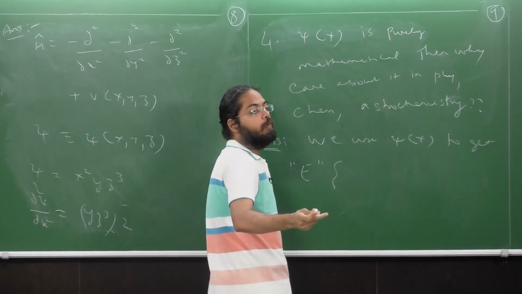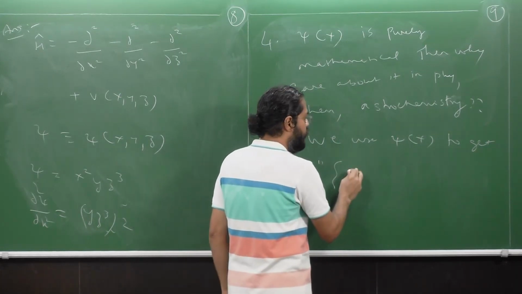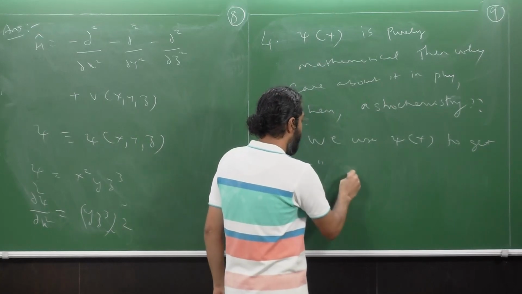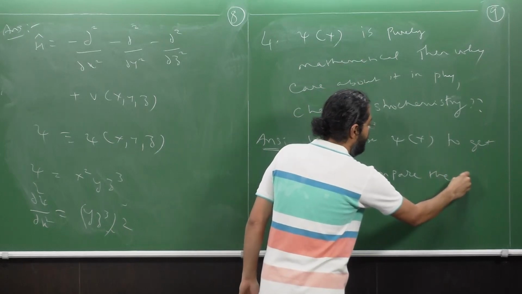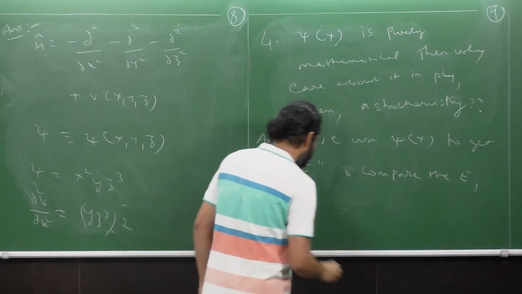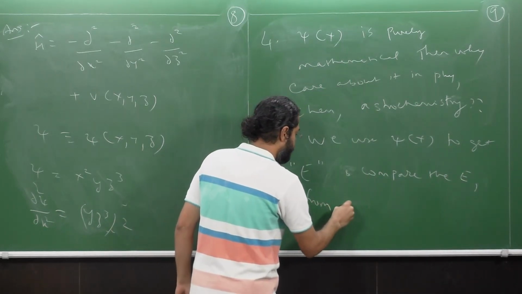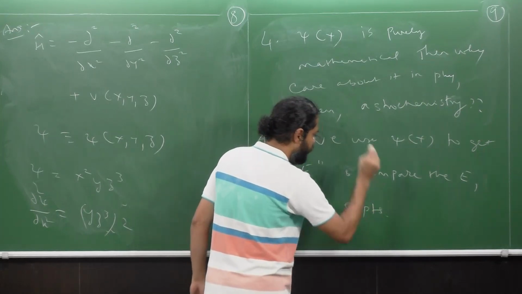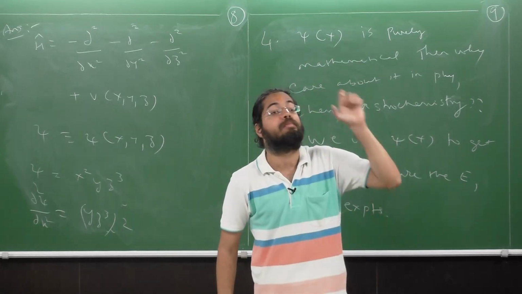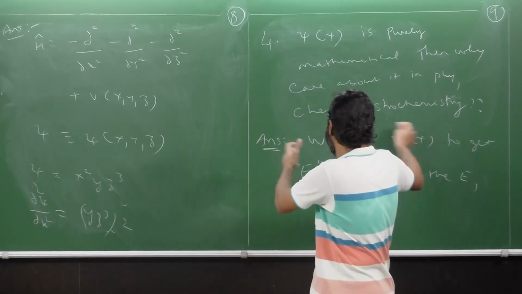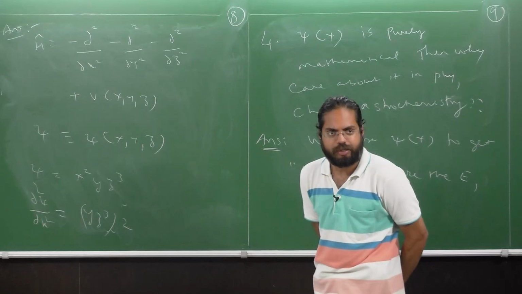That is, you can obtain it from experiments, and compare the E from experiments whenever possible. So, psi is just a mathematical tool to obtain a physically observable quantity. So that is the crux.